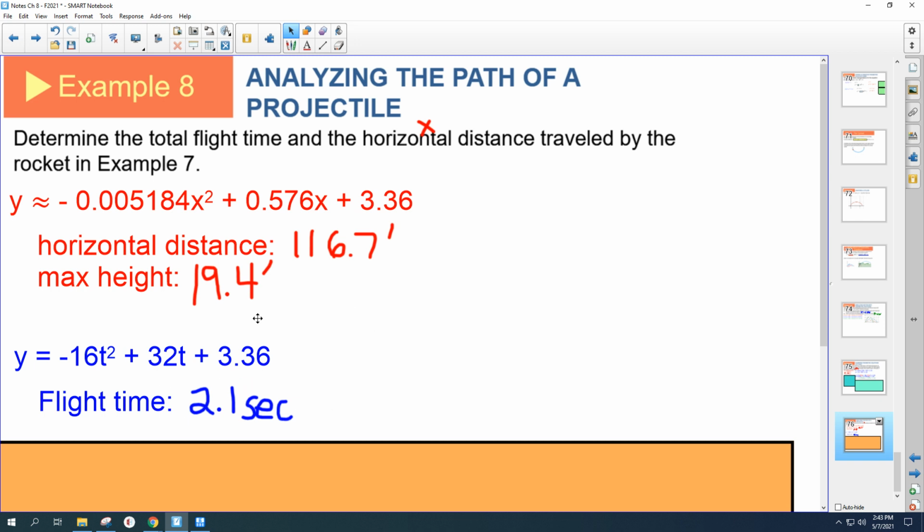Another thing you could do, if you found this 2.1 first, is plug that into that x equation to find your x number. So what was x?